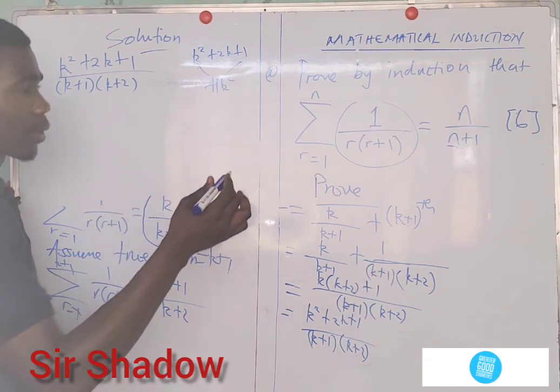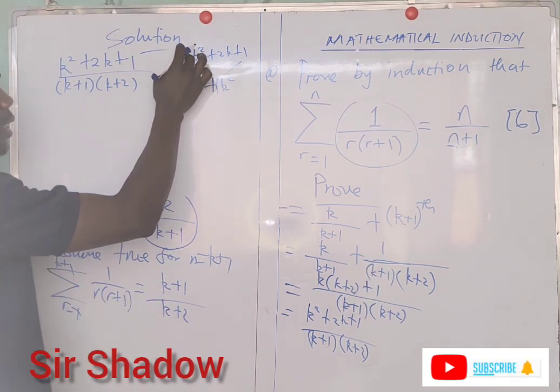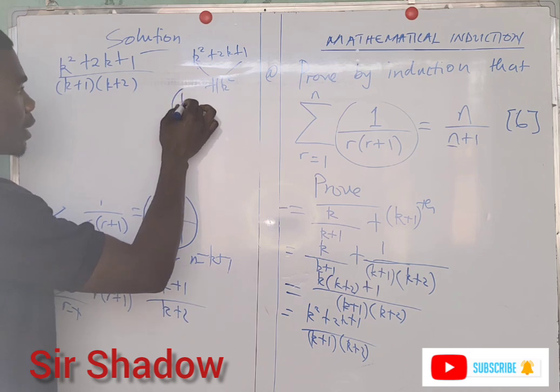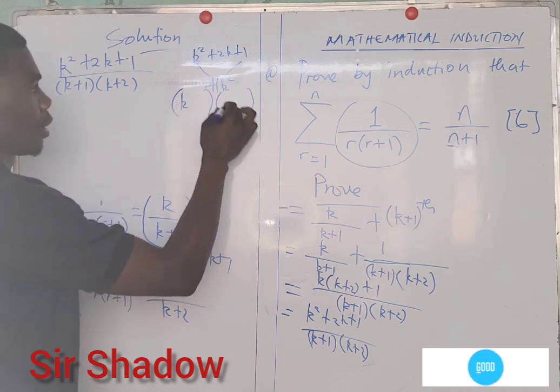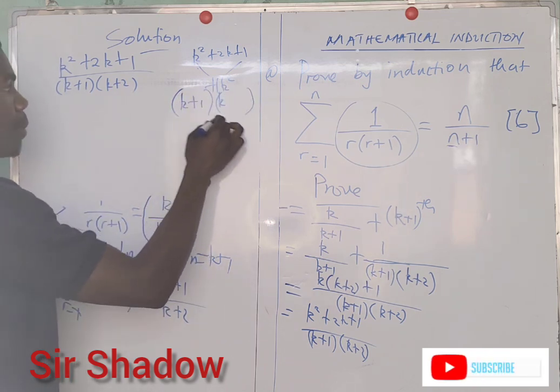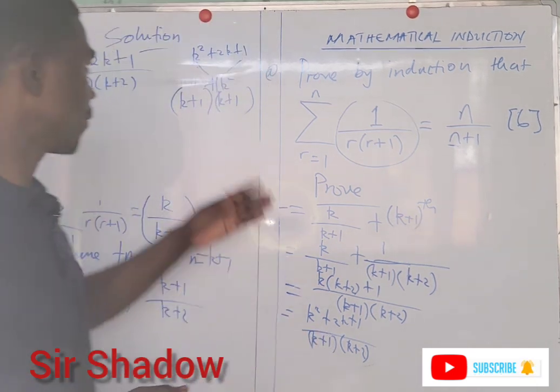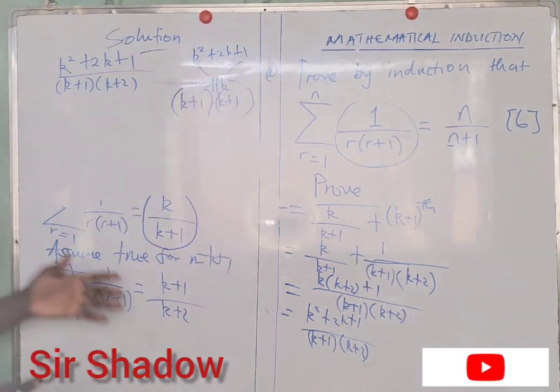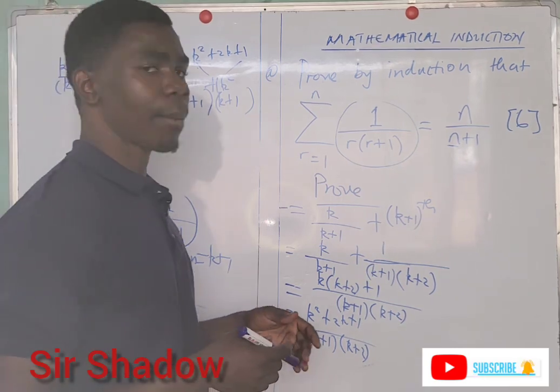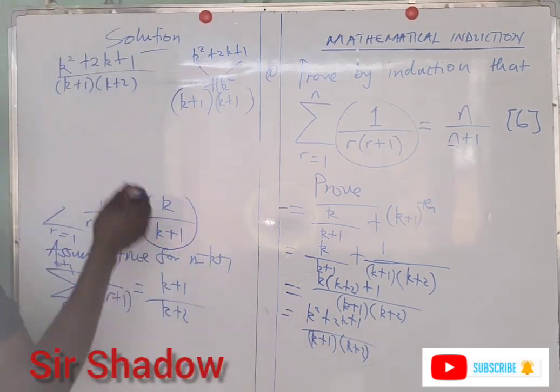Since the coefficient of k squared is 1, it becomes k plus 1, k plus 1. This simple way of factorizing is just an application of what you did in general mathematics.